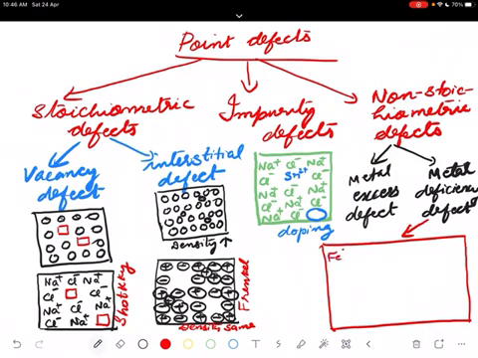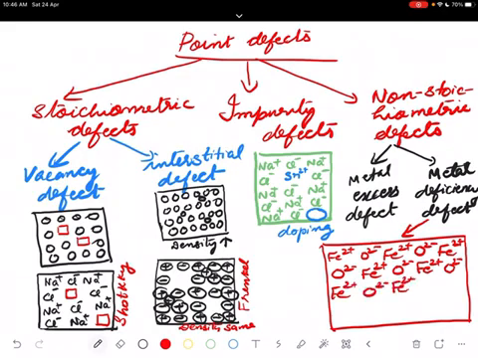FeO, that is Fe2 plus O2 minus, alternating Fe2 plus O2 minus in the lattice.